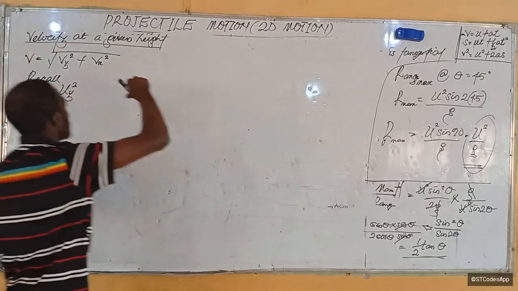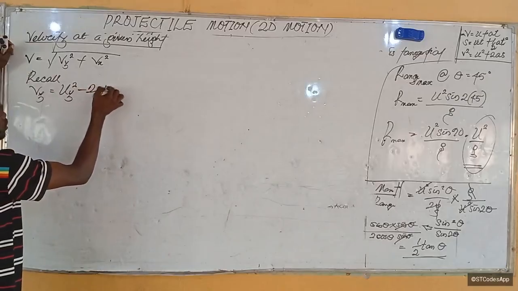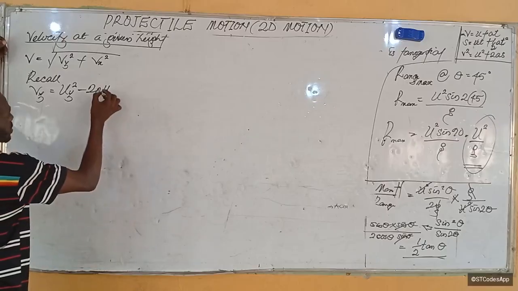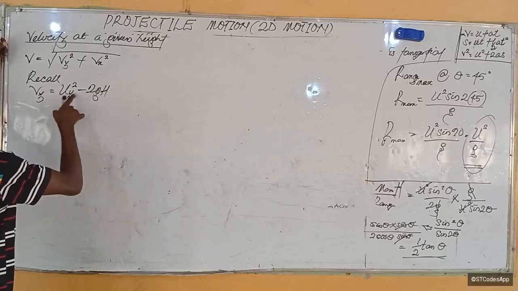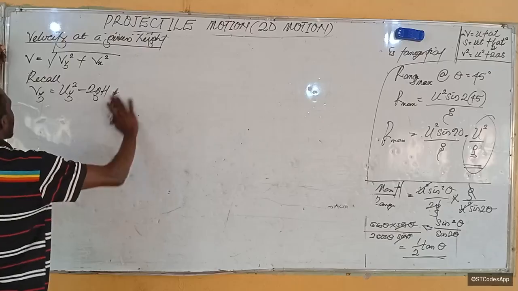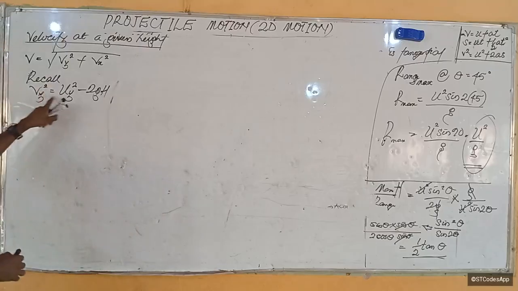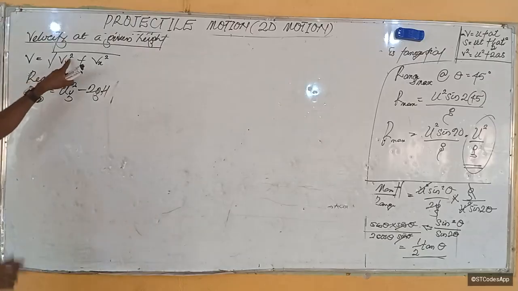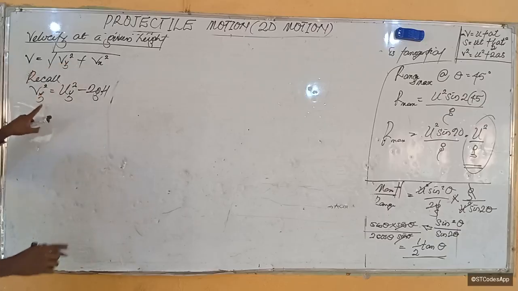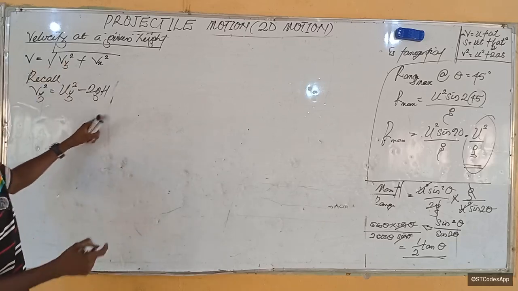That was what I used the other time. Since this is v sub y squared, we can use this formula directly. We generated this before, right?